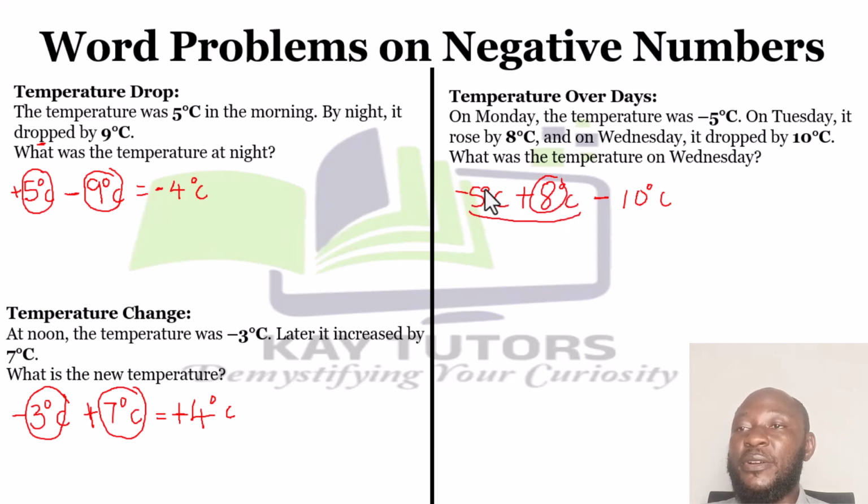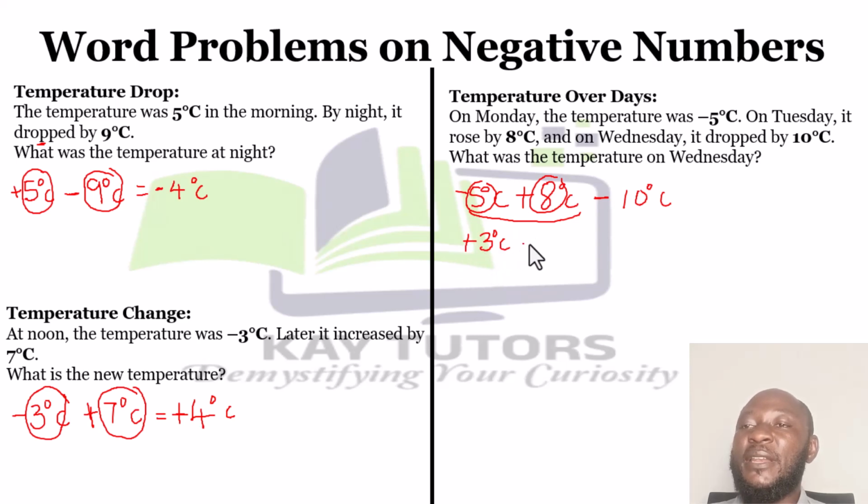Than 5 here. And we have different signs. Since we have different signs, we are going to subtract 8 minus 5. What's our answer? Our answer there is 3 degrees Celsius. Now, which of the signs? 8 is bigger and 8 is carrying the positive sign, right?